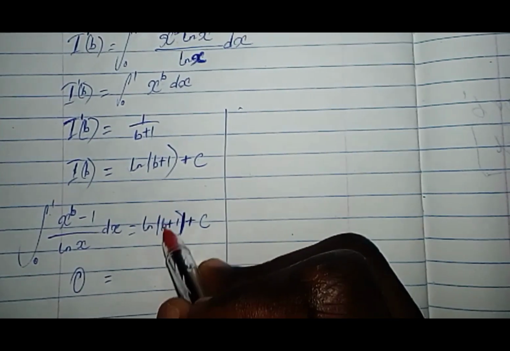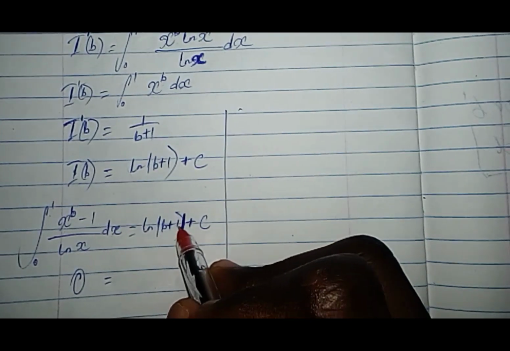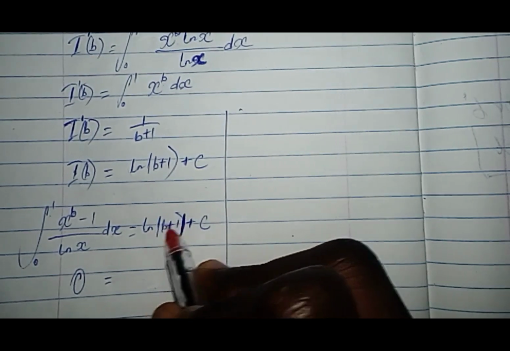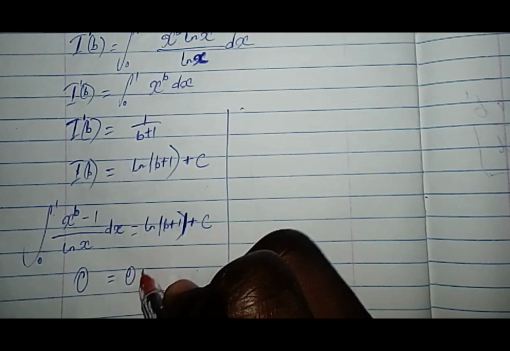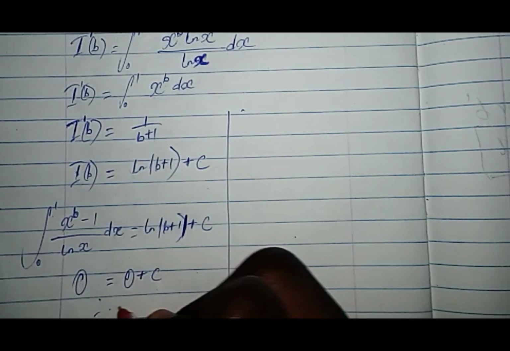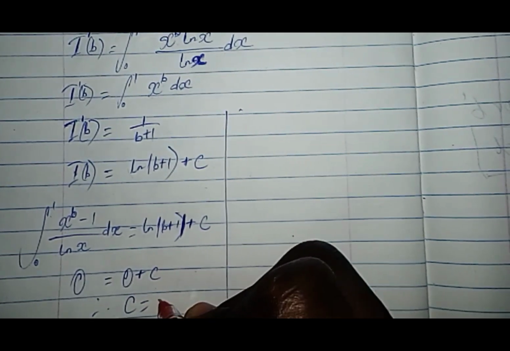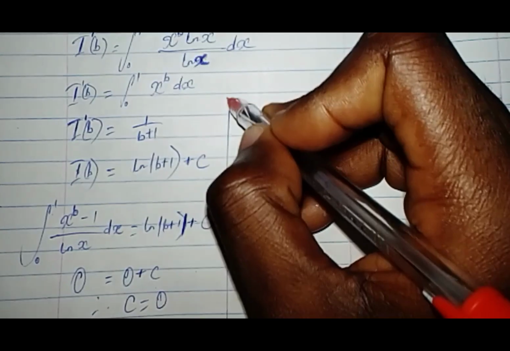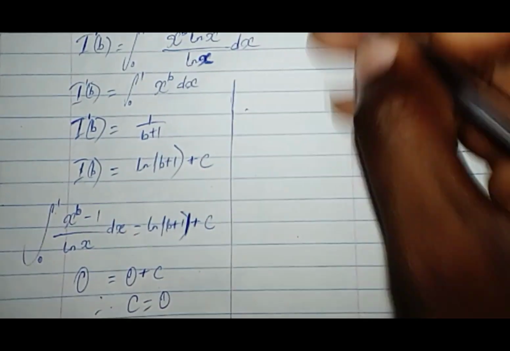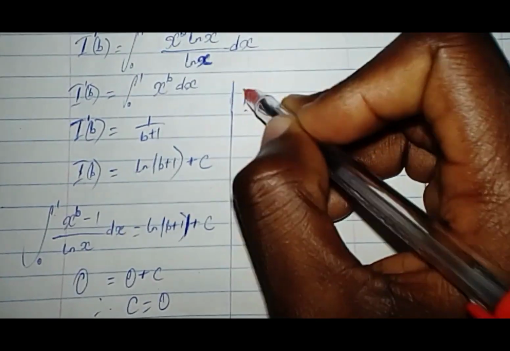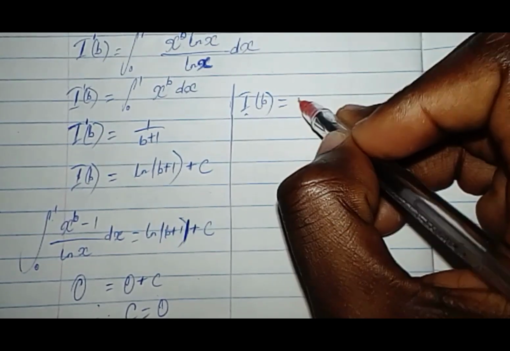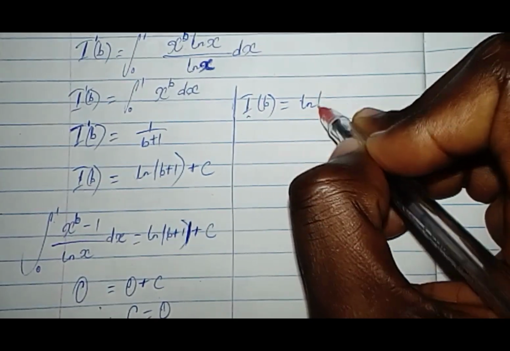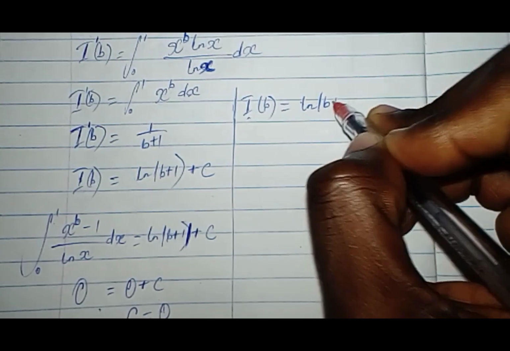And when I input 0 on the right, it becomes 0 plus 1, which is 1, and ln 1 is just 0. So this is also 0 plus c. Therefore our c becomes 0, and our I of b is equal to ln of the absolute value of b plus 1.